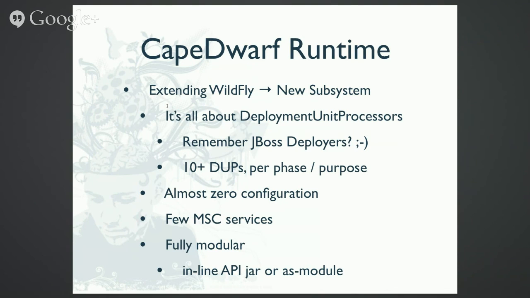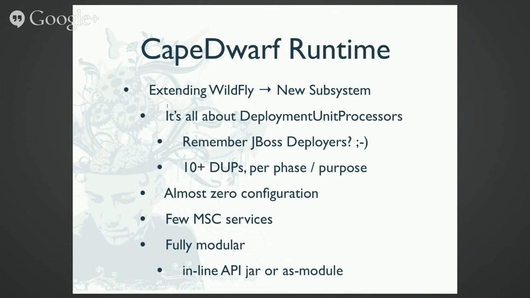We have sort of 10 plus of those deployment unit processors per phase or purpose. For example, the first one recognizes that this is a Google App Engine app, like a CapeDwarf app, and creates a marker. All the next deployers first look: is it a CapeDwarf app? Okay, then we need to do something. If not, they skip.